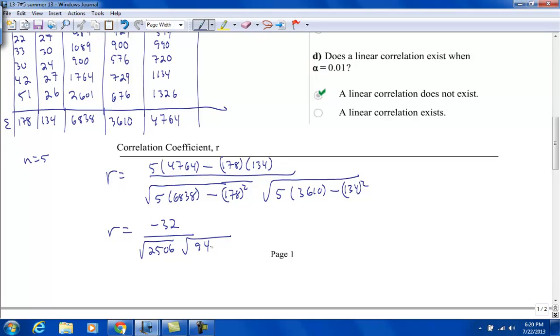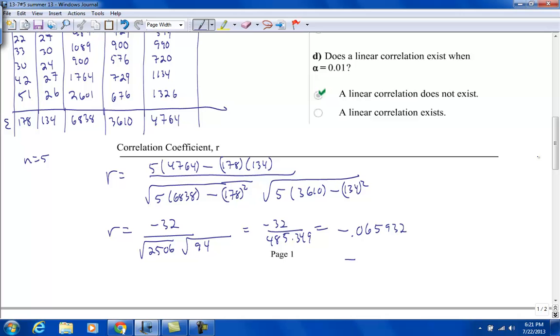That's 94. So we have the square root of 2506 times the square root of 94. And I get 485.349. So negative 32 divided by that amount is negative 0.065932.